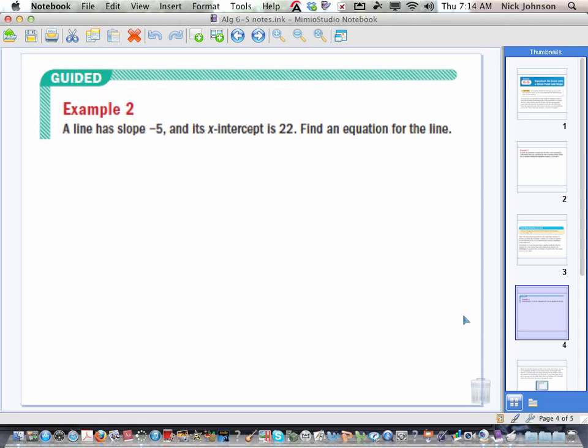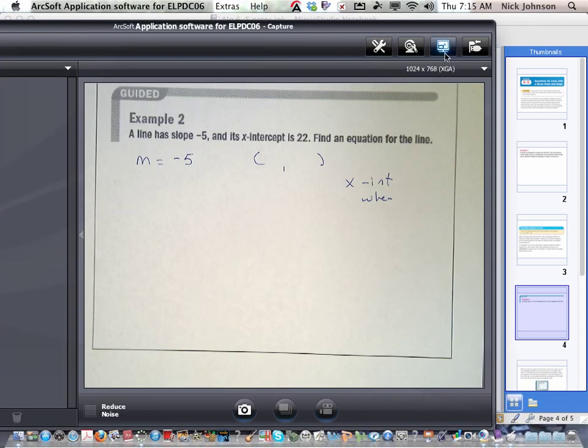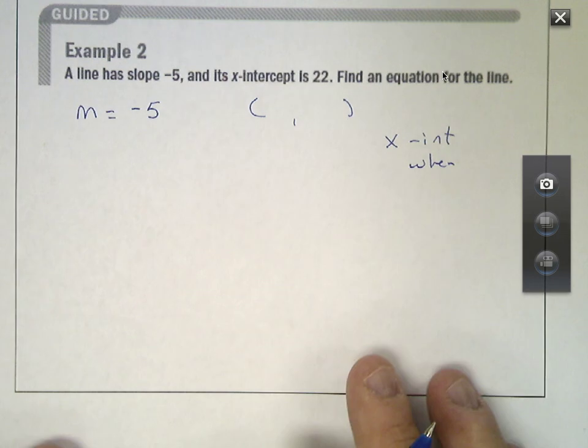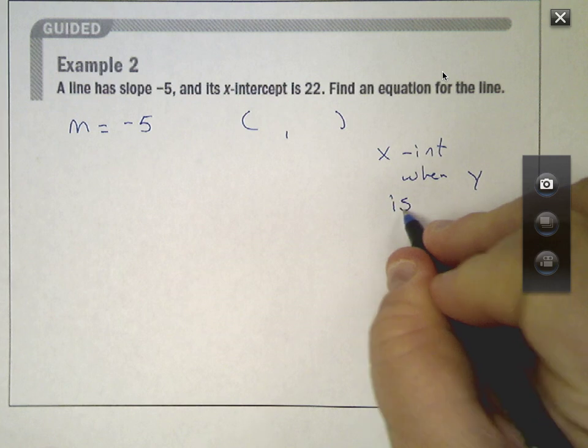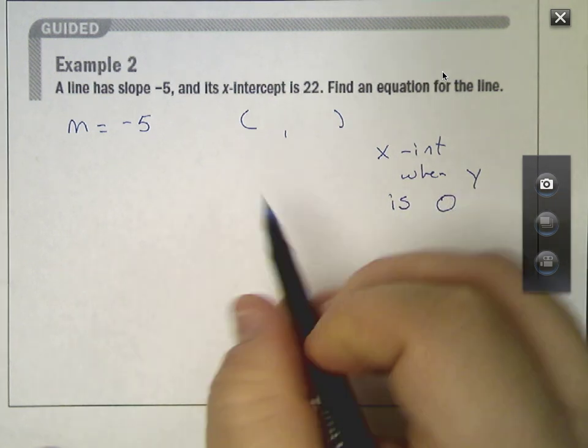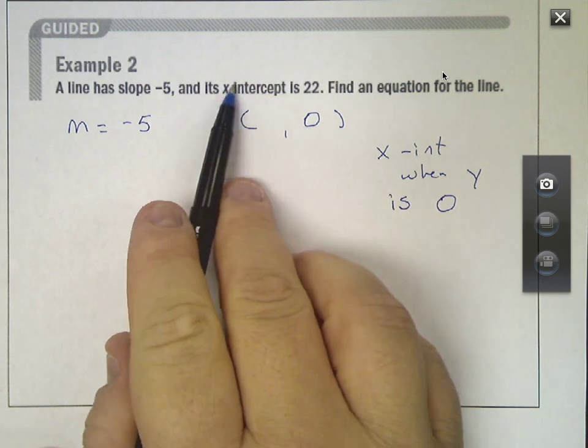Let's go ahead and look at example 2. Example 2 says a line has slope -5, and its x-intercept is 22. Find an equation for the line. Well, you know slope is -5. You also know an x-intercept. Well, you only know an x-intercept when y is 0.